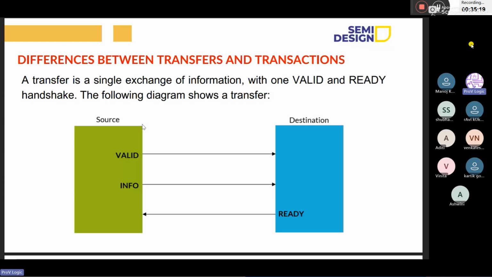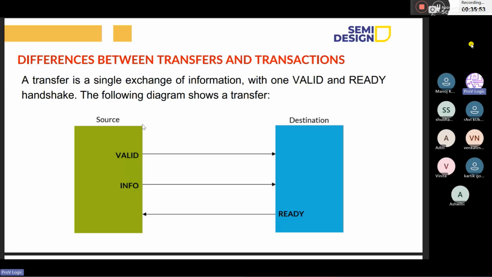So each time a valid and ready handshake happens on any channel, one transfer occurs. In AXI, we have 5 channels. Transfers are divided into address transfer, data transfer, and response transfer.